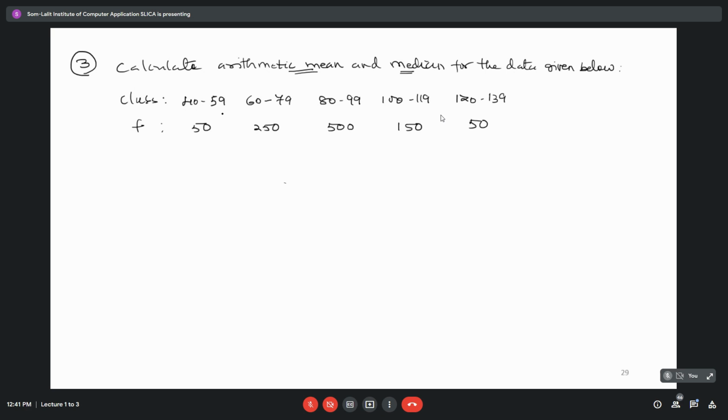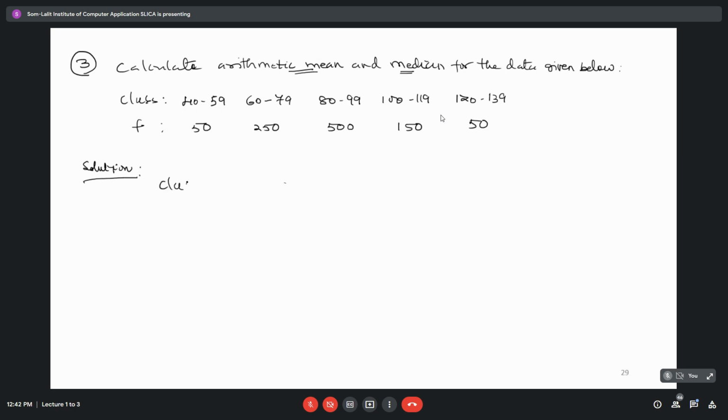So what you need to do when you find the median is convert into continuous class intervals. As far as the mean is concerned, it doesn't make much difference. Fine.